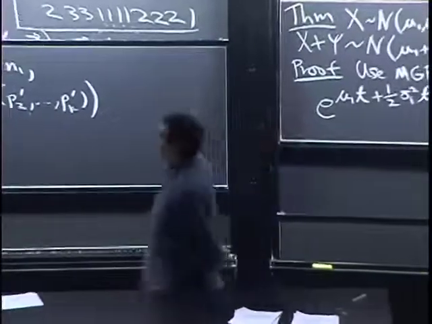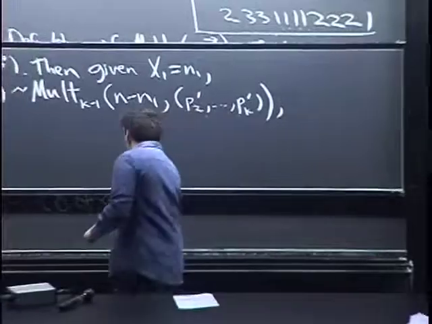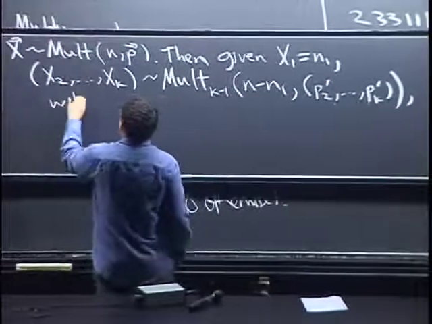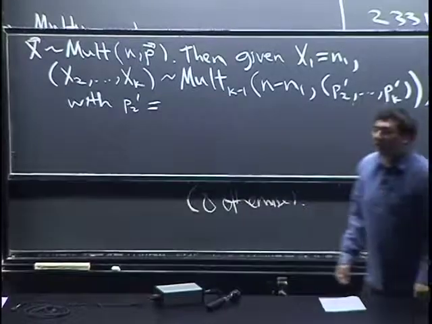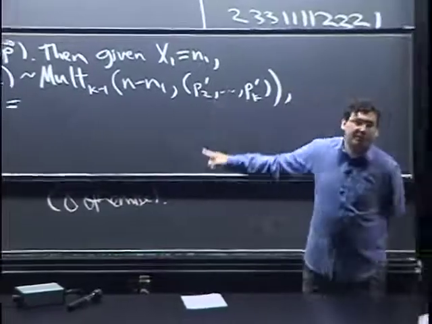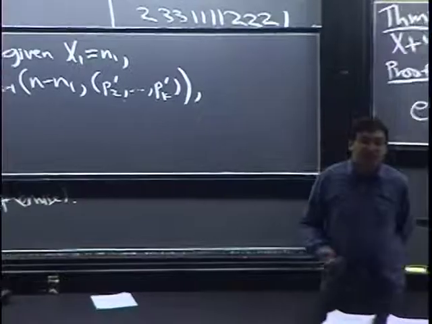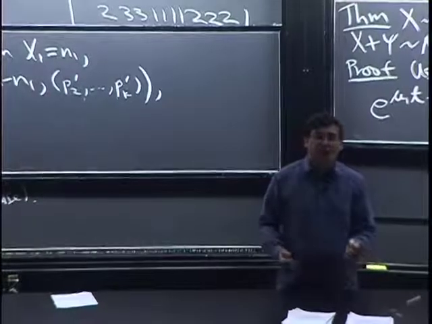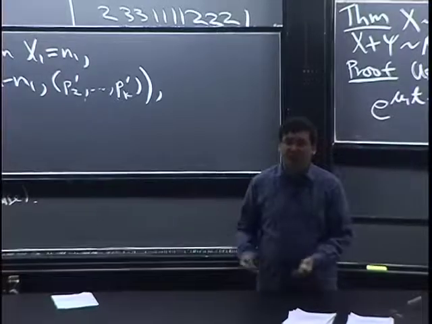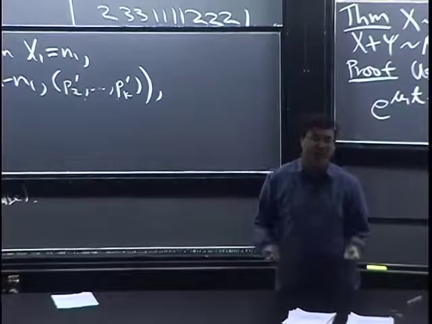So let's find p2 prime, for example. Intuitively, I want this to be proportional to p2, right? Because I know how many people are in the first category, but that shouldn't affect the relative distribution of the rest of the categories. So basically, we just have to renormalize.